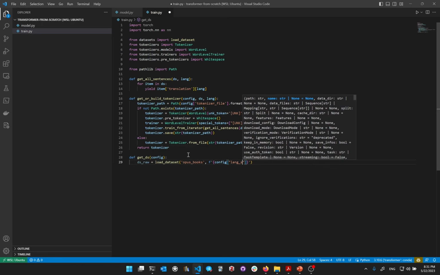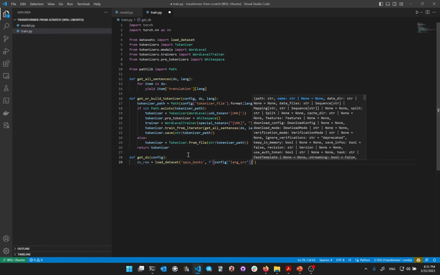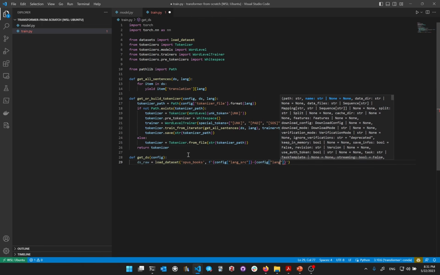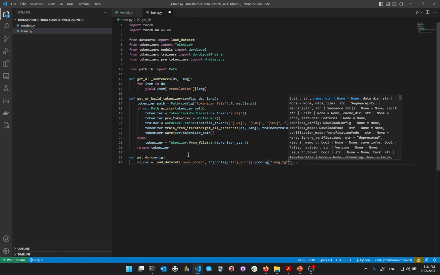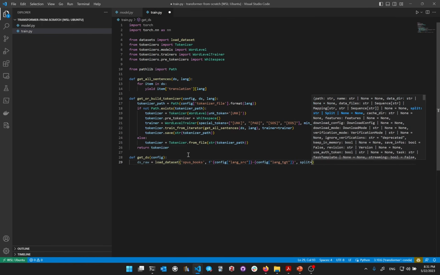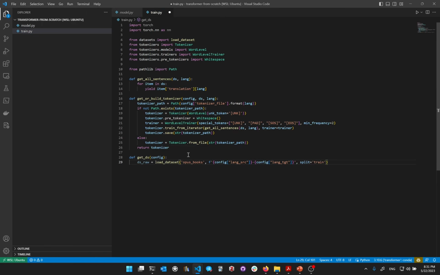We will have 2 parameters in the configuration. One is called language source and one is called language target. Later we can also define what split we want of this dataset. In our case, there is only the training split in the original dataset from Hugging Face, but we will split it by ourselves into the validation and the training data.